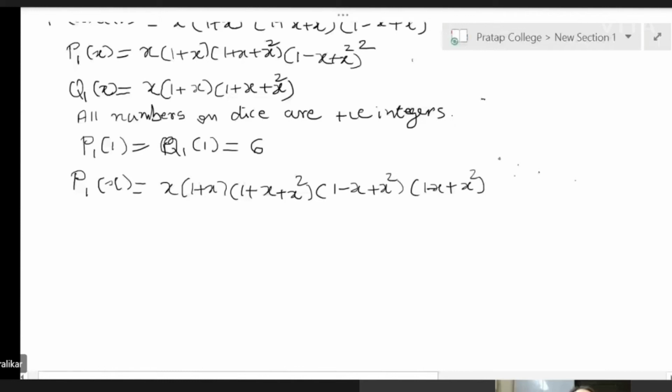So this is x into x square. I'll combine these two: 1 plus x square minus x square. So this happens to be 1 plus x square plus x fourth. And then again 1 minus x plus x square.